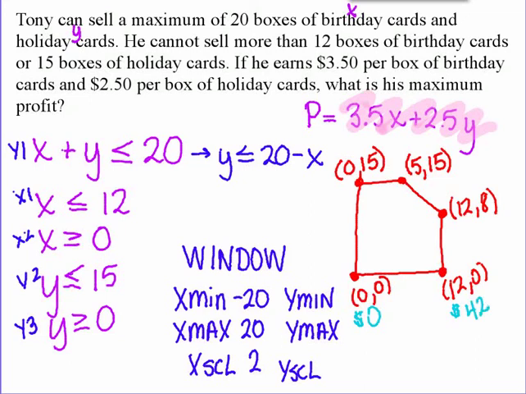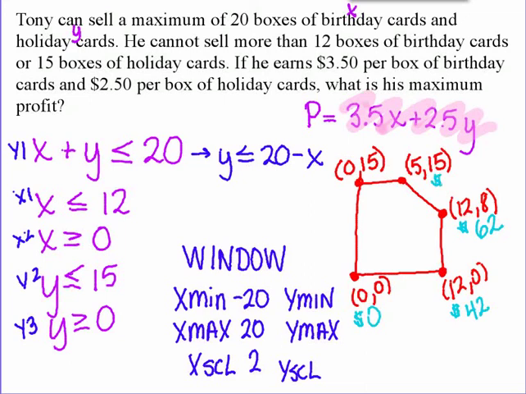Now I'm going to plug in 12 for x and 8 for y. So what do I get there? 62. It's 3.5 times 12 plus 2.5 times 8.